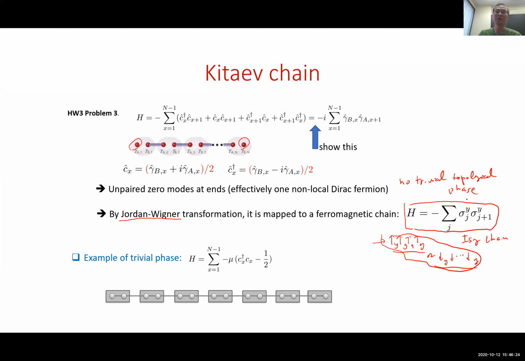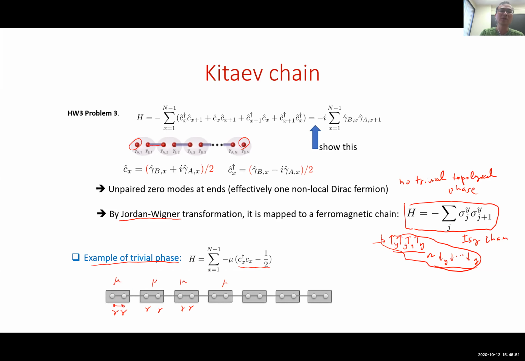So this is a non-trivial phase, but I want to give you an example of a trivial phase, which really just has a fermion on each site with an energy mu. And really, in terms of the gamma particle, they are really on site. So the gammas are on site.